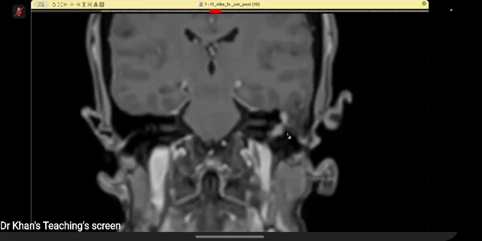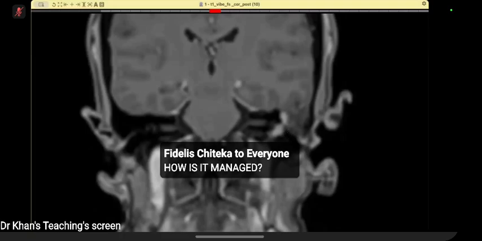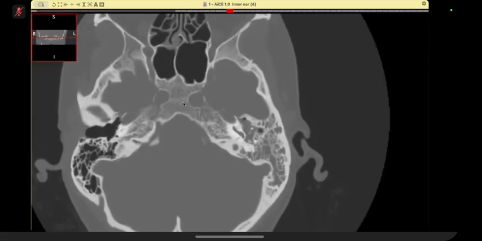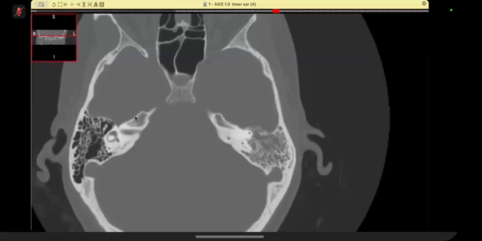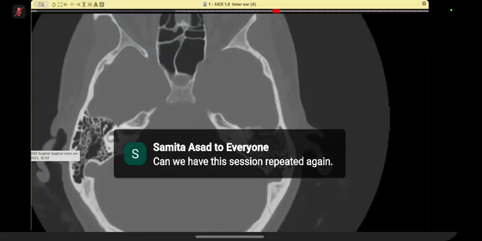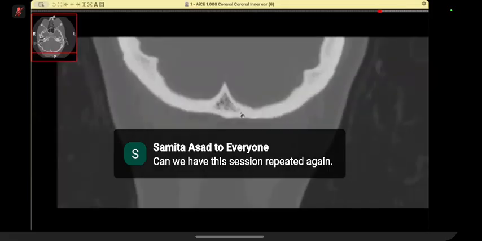Pars tensa and pars flaccida cholesteatoma. I'll go back to anatomy to show you the difference. Pars tensa cholesteatoma and pars flaccida cholesteatoma is the question.